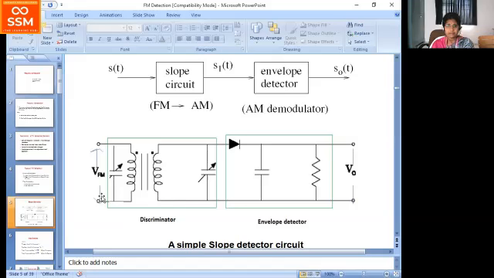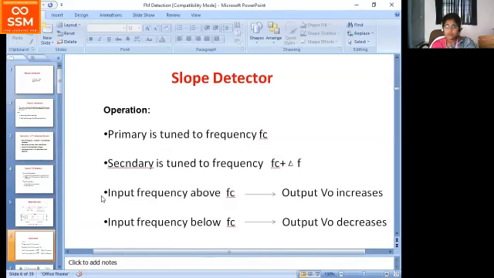Then the secondary is tuned to frequency FC plus delta F, which is more than the input center frequency FC. The input is the FM waveform, which is given to the primary end. Depending upon the frequency changes in the input, the output will increase or decrease. In the FM waveform, the varying parameter is the frequency.